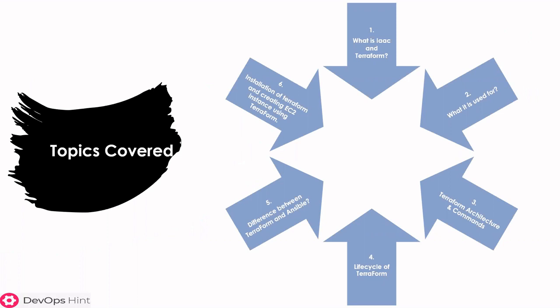Then we are going to see Terraform architecture and its commands. Then the life cycle of Terraform. Then the difference between Terraform and Ansible. Then we are going to see how we can install Terraform and create an EC2 instance. So yeah, we are going to cover some hands-on also, some small programs.